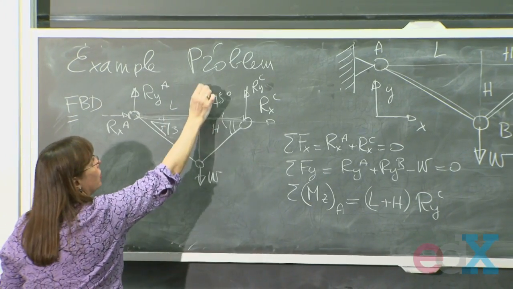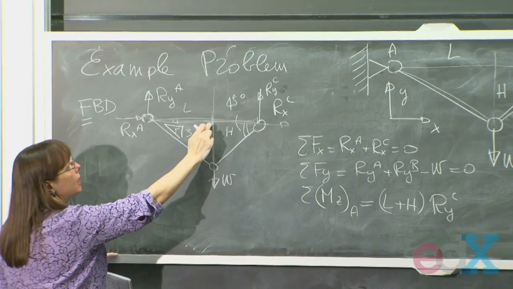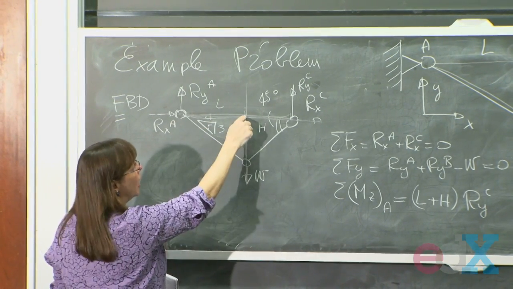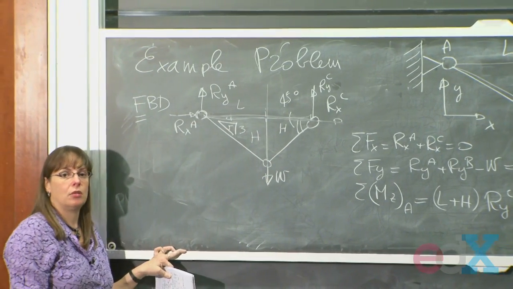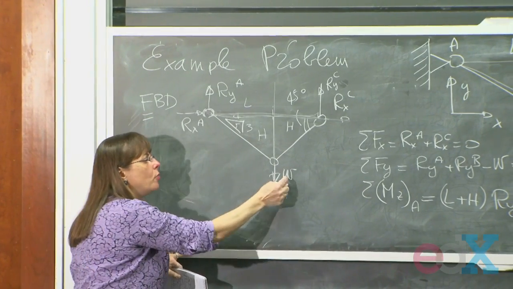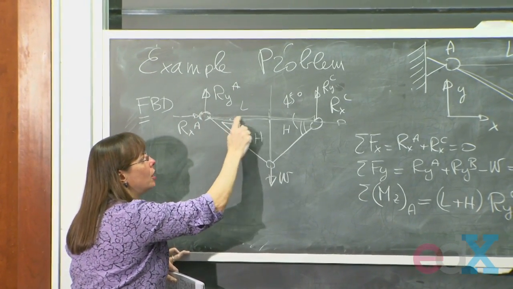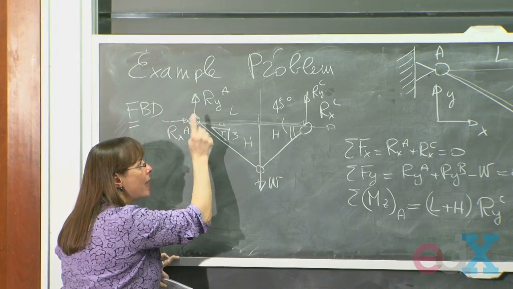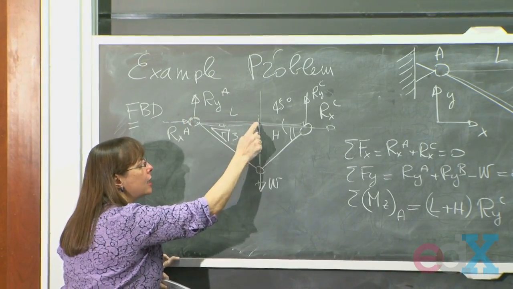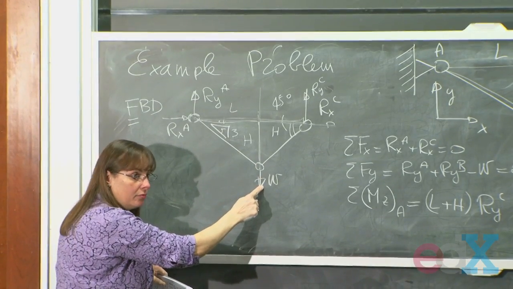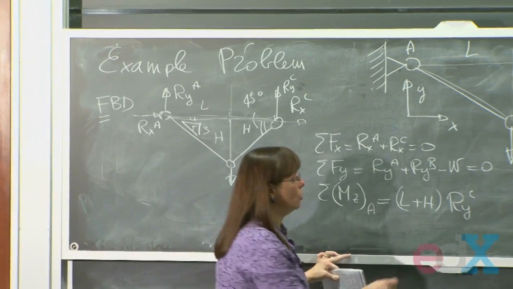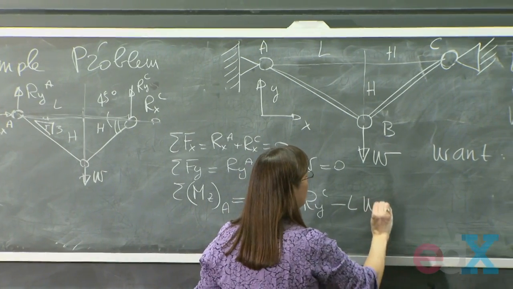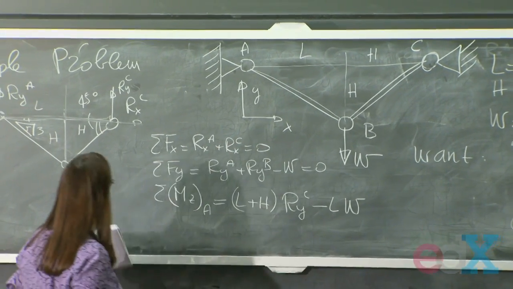Now, W is at distance L, right? And it makes me rotate plus or minus? Minus. So the moment of W with respect to A is simply going to be L times W. This is minus RxWy, by the way, right? So minus LW.